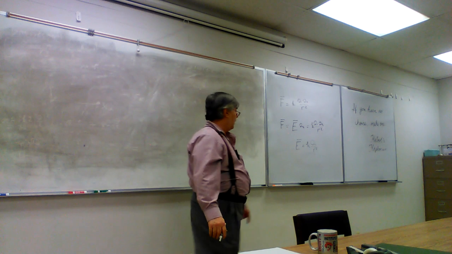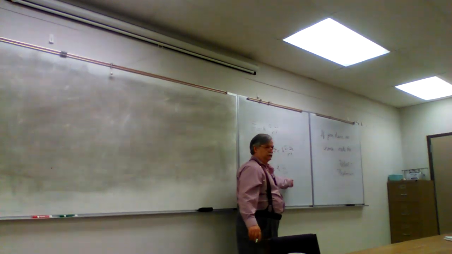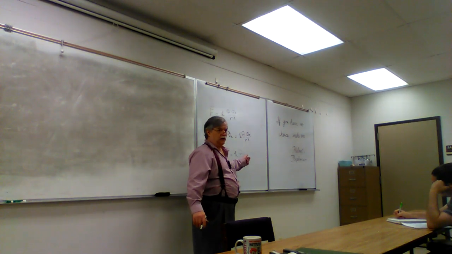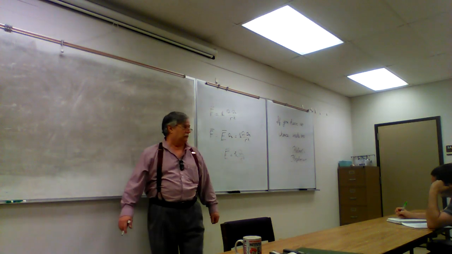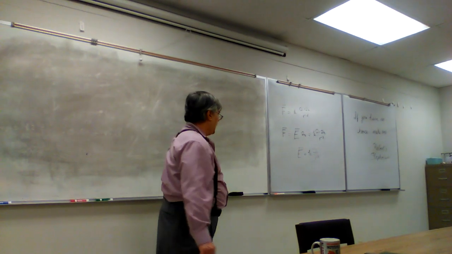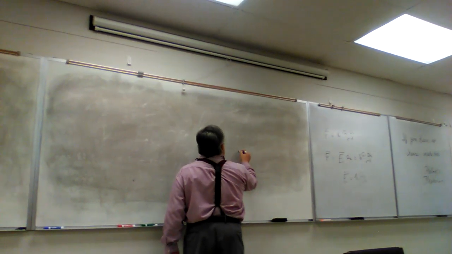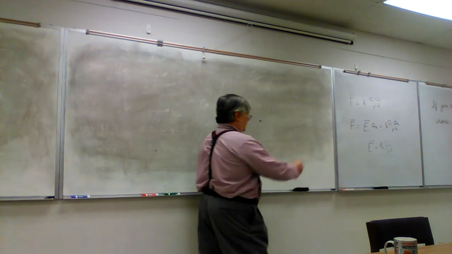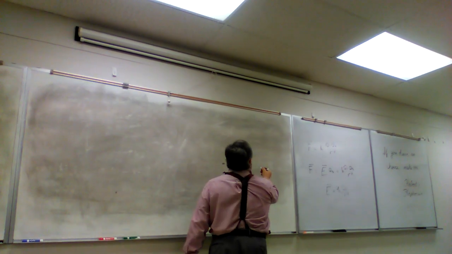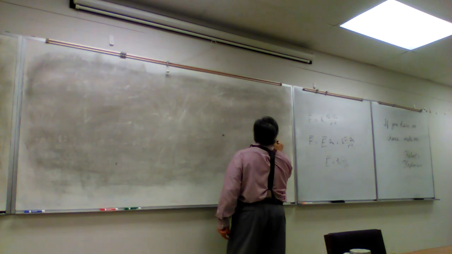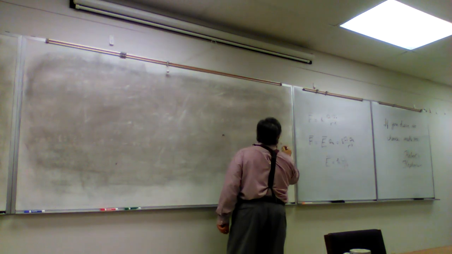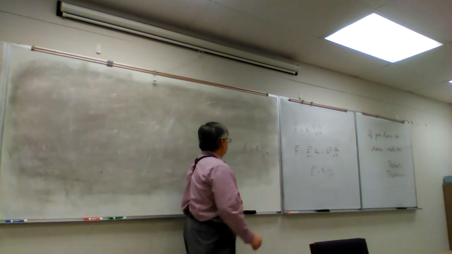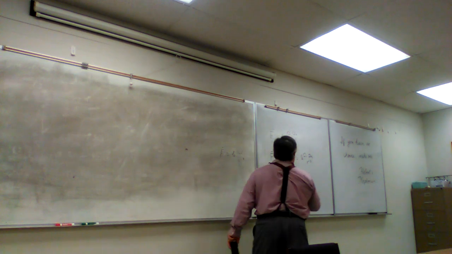Now, R is no longer the distance between Q1 and some other charge. R is the distance away from Q1 that you are. So now you talk about a point charge located somewhere in space using this equation. You can talk about it as a magnitude, or you can talk about R as being the vector.